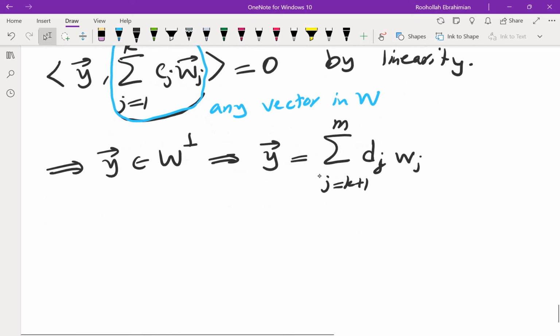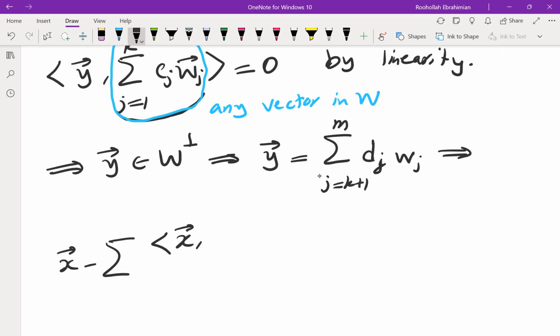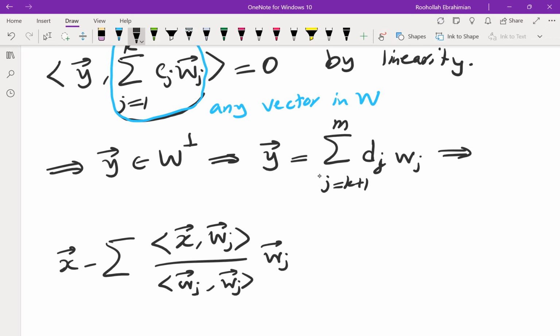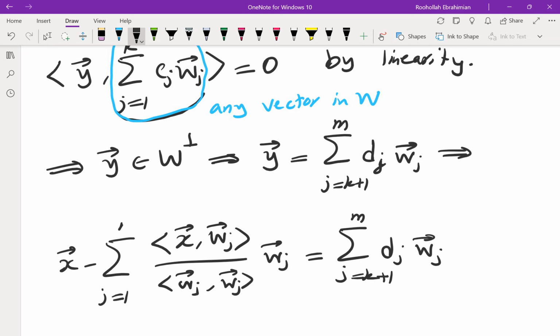So now I have X minus the sum of X and Wj over Wj times Wj equals the sum of dj Wj. This one is j equals k plus 1 to m, and this one is j equals 1 to m.